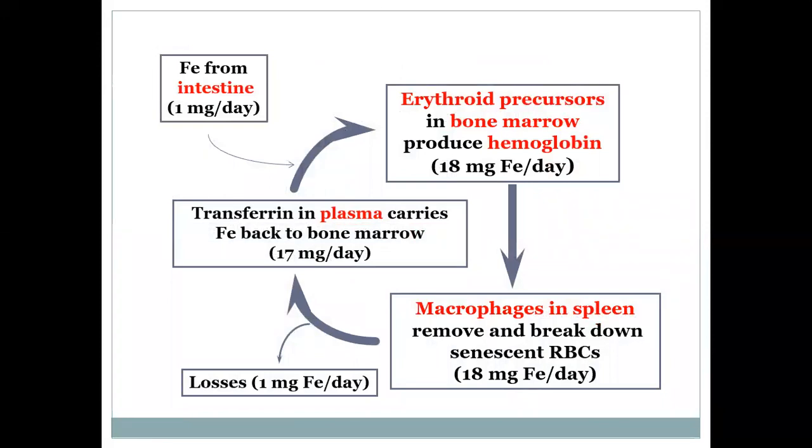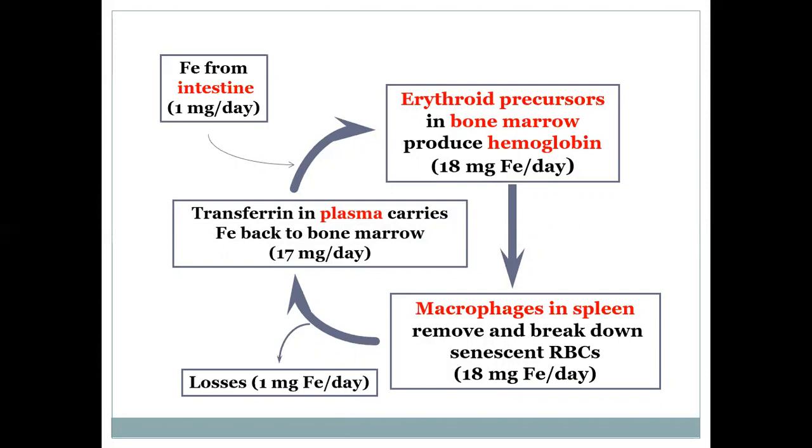So the iron that is absorbed from food in the proximal small intestine is directed to the erythroid precursors in bone marrow to produce hemoglobin.